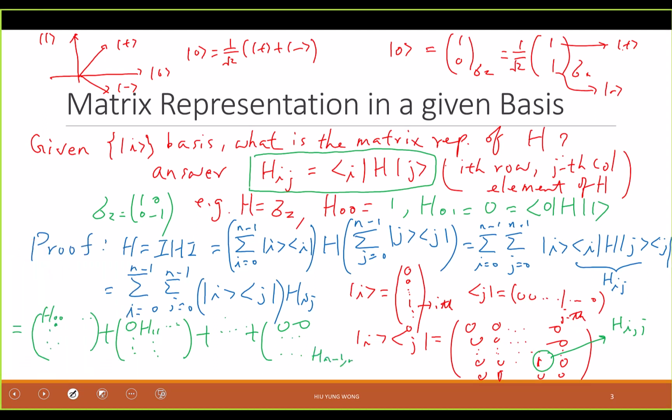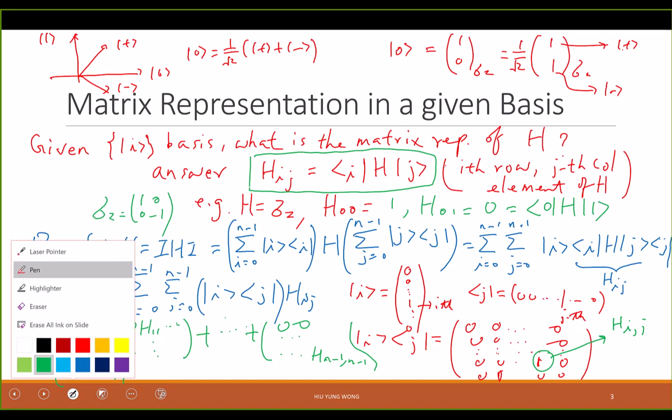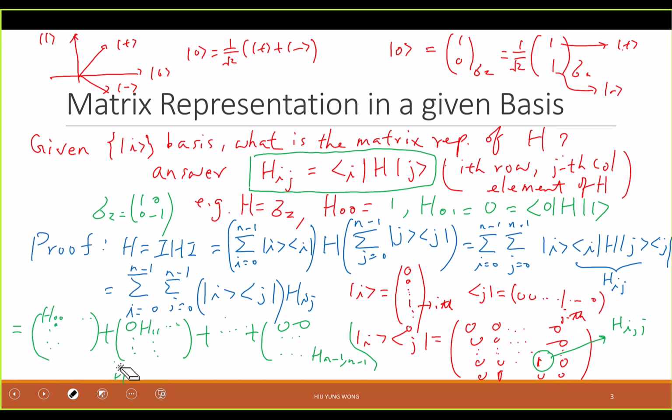N minus 1, N minus 1. When you add them together, this is just H, H00 all the way to Hn. Maybe I don't write this just to save space.